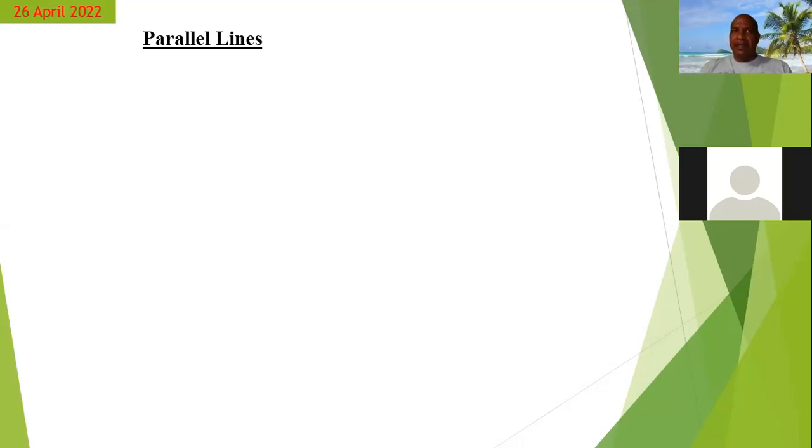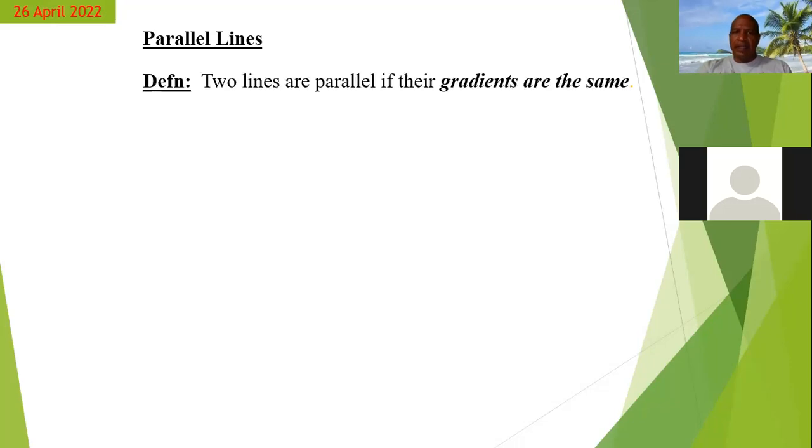All right, and that is expected because remember, when you measure the gradient, you're measuring the steepness of a line based on a slope. And if both of them are parallel, they're going to have the same slope. So it means that their gradient is going to be the same. All right, so that's one principle that you have to bear in mind. So two lines are parallel if their gradients are the same.